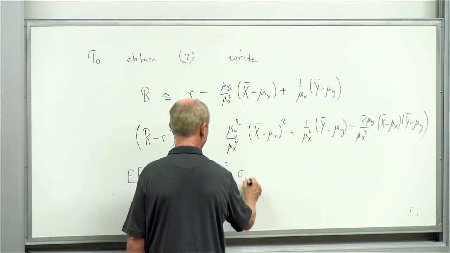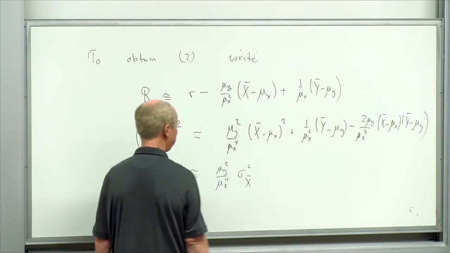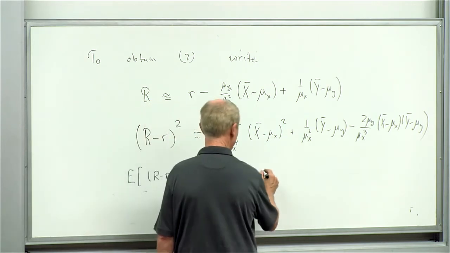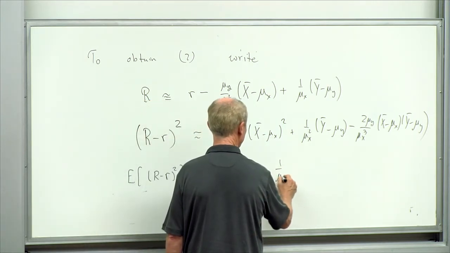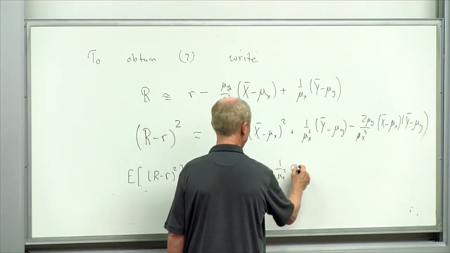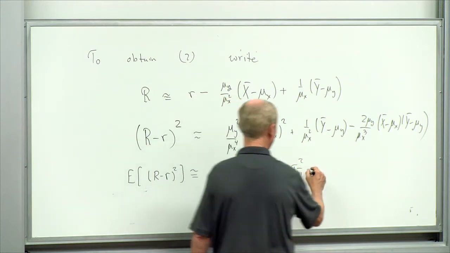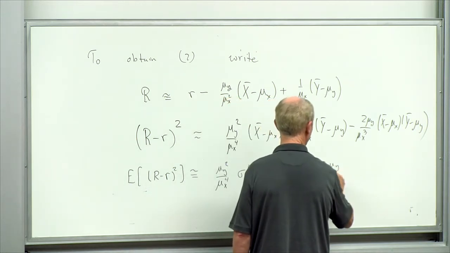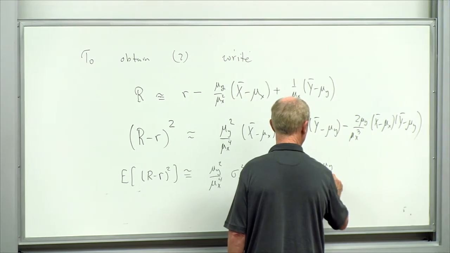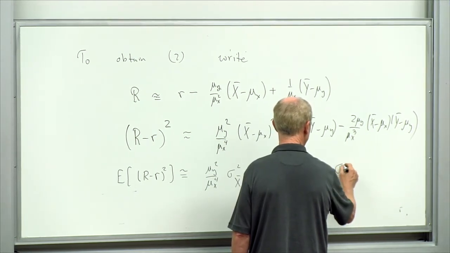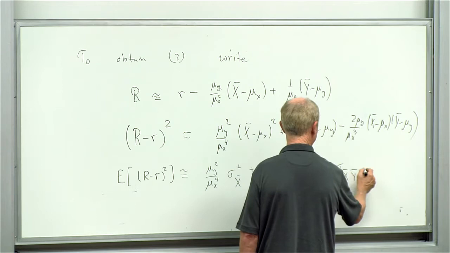That's sigma x bar squared plus 1 over mu sub x squared sigma y bar squared minus 2 mu y over mu sub x cubed, and this would be sigma x bar y bar.